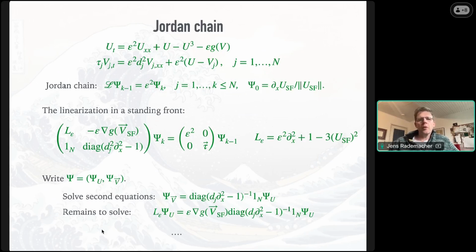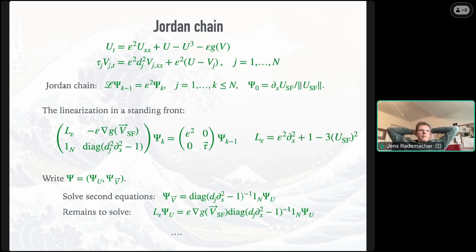It appears when you want to solve these equations, because you also have to have the existence problem suitably solved, and the tau j's need not be different. I don't want to say anything wrong, but there is one result where we need the tau j's to be different from each other, indeed. But I don't think it's necessary for the Jordan chain.